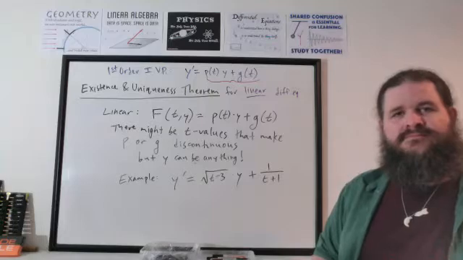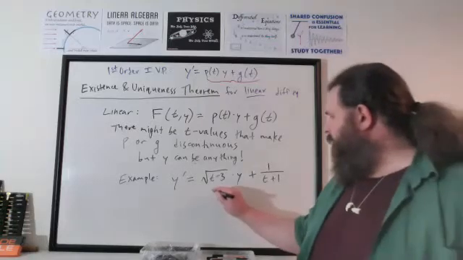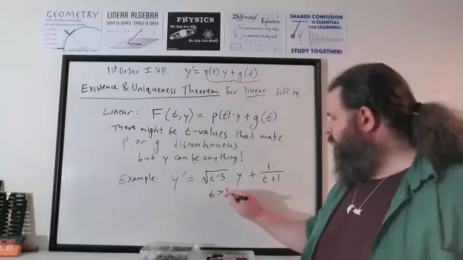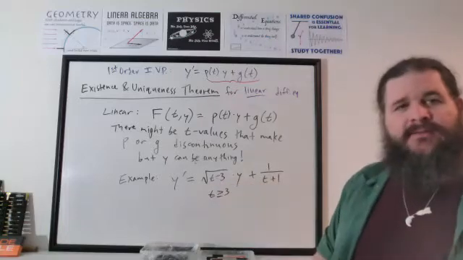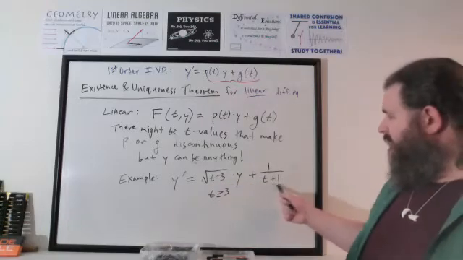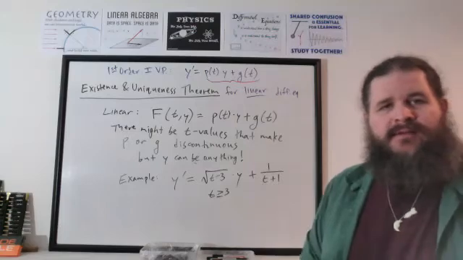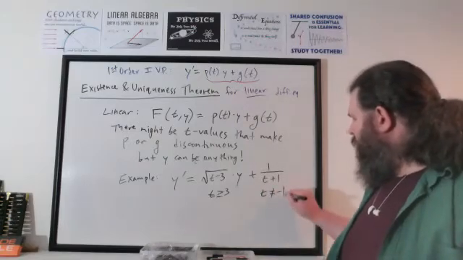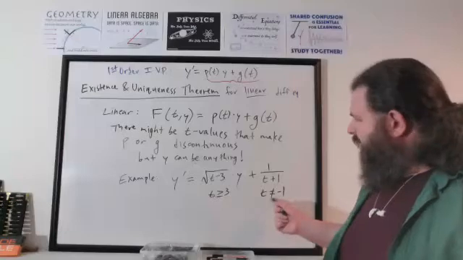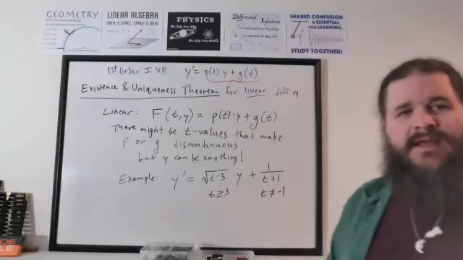Anything that's greater than 3? Yeah, t has to be greater than or equal to 3, because you could have square root of 0, that's fine. And also, does this have any t values that make it not work? Negative 1 for t. Yeah, and that's already kind of excluded by t having to be greater than 3.